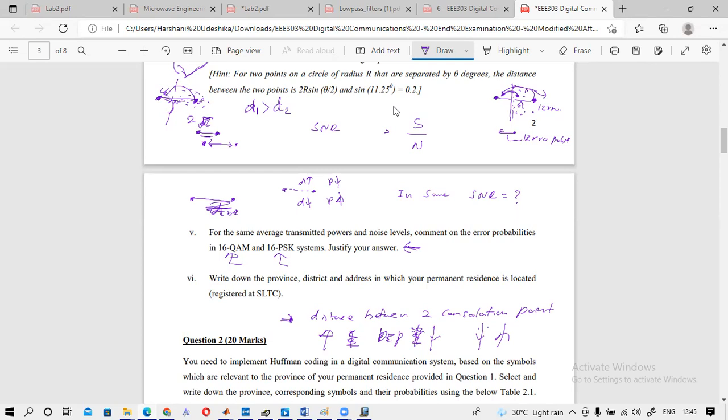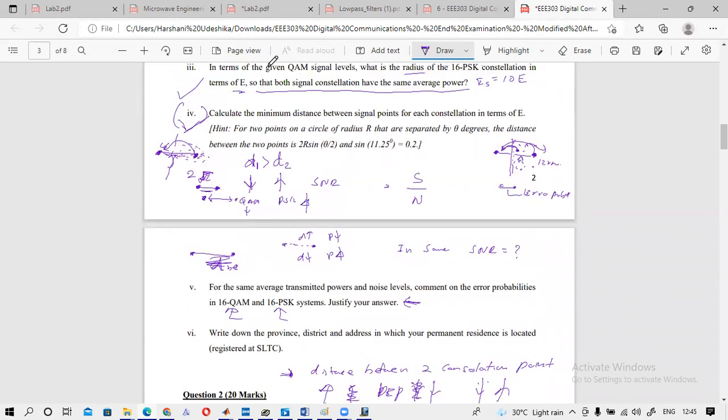So definitely QAM will have lower error probability, and PSK will have higher error probability.